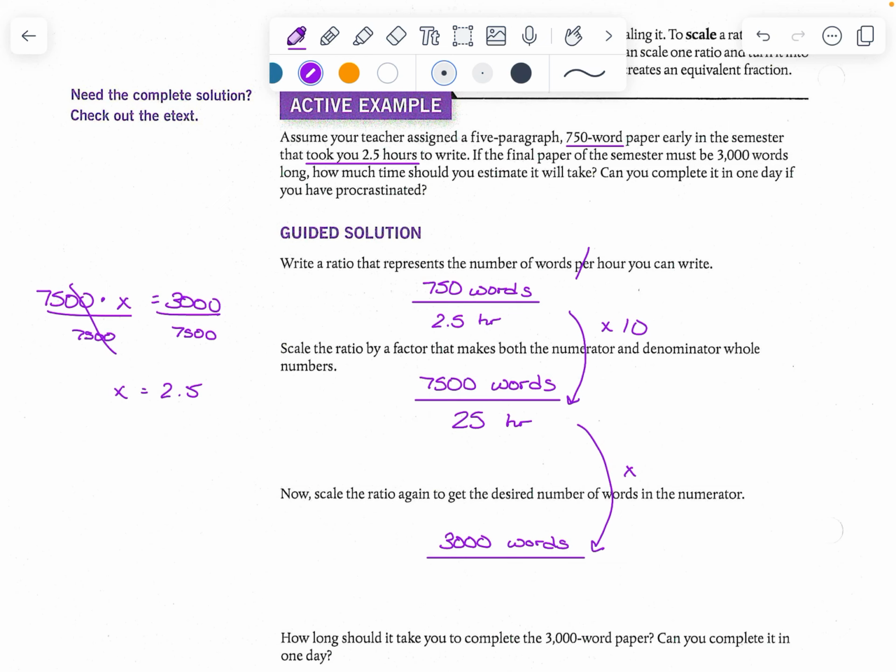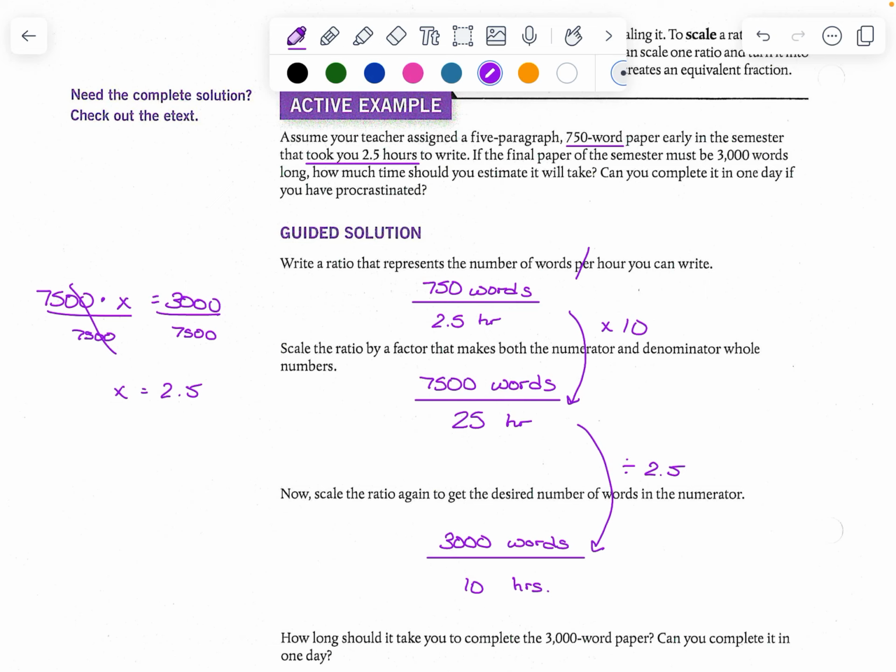So the thing that I would be multiplying by is technically a division. So instead of scaling it up, I'm going to scale it down by 2.5. So again, we figured that out. What do I divide this by to get 3,000? Well, I divide it by 2.5. So let's divide 25 also by that 2.5. And we can find it's going to take her 10 hours.